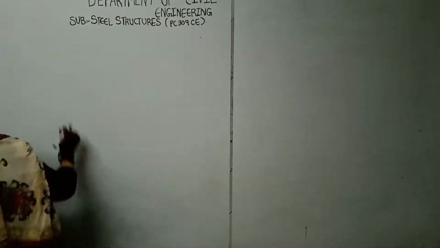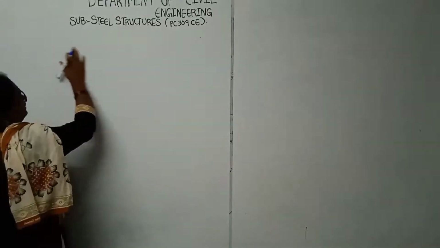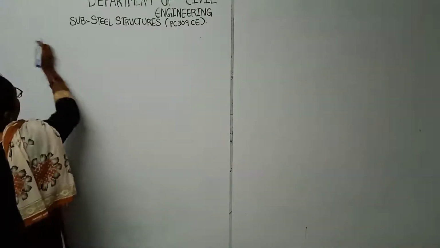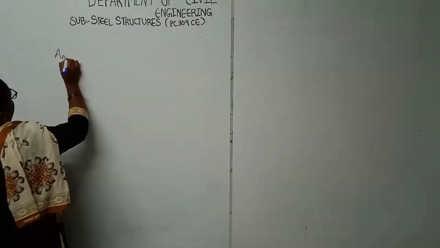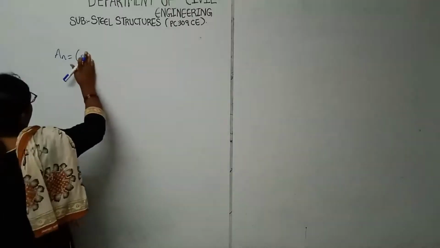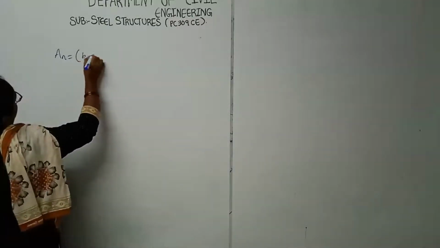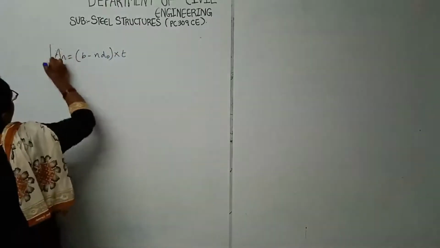So here the net area at the plate, A_n is equal to (b minus n d_0) into t.